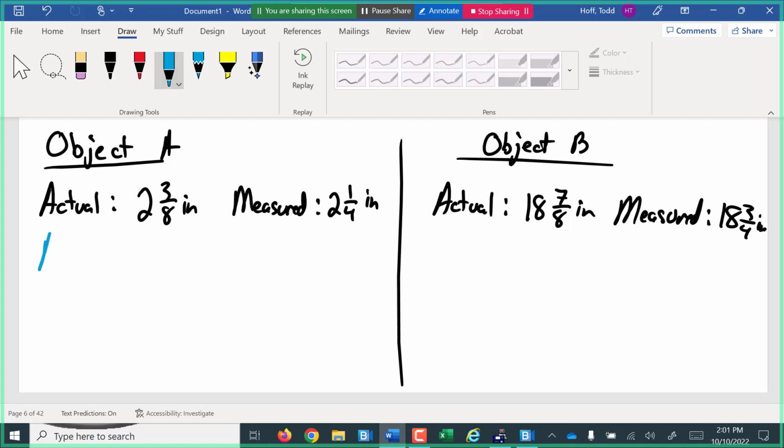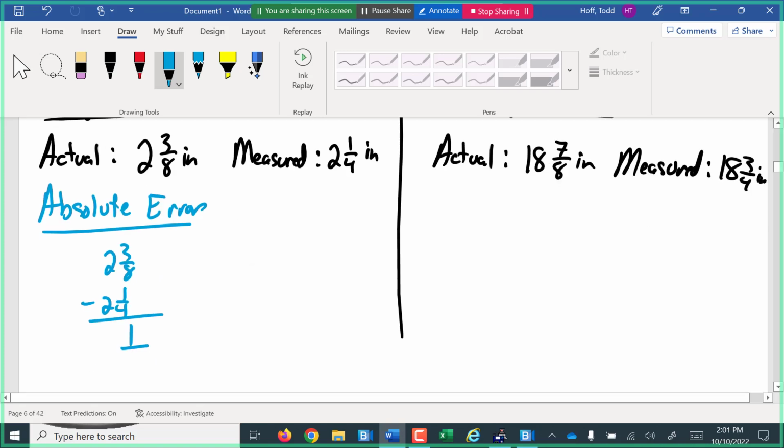Well, the absolute error for object A, well, 2 3/8 minus 2 1/4, that's just 1/8 of an inch.